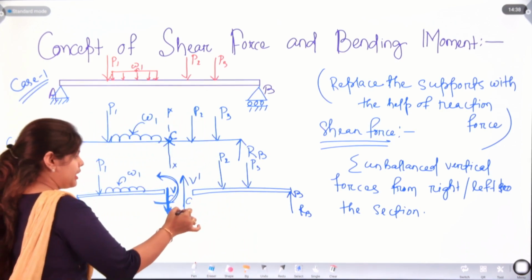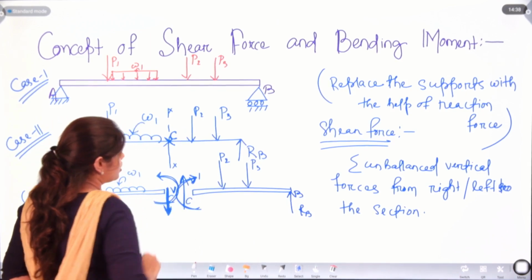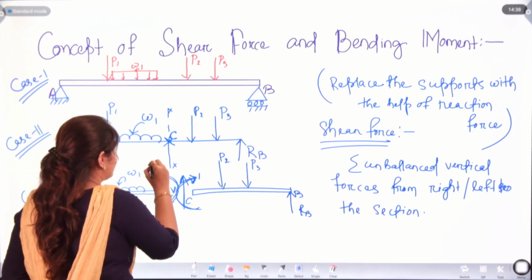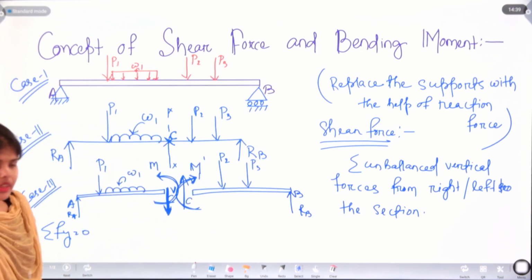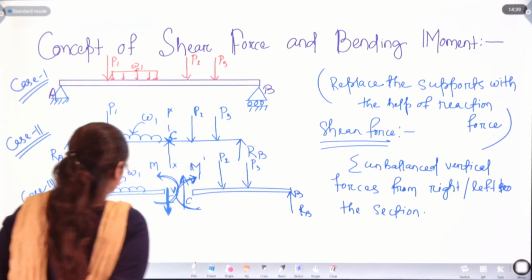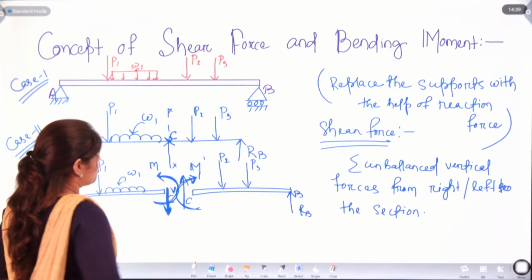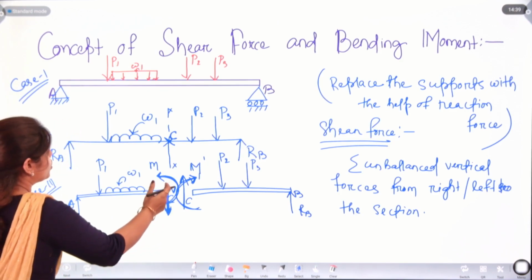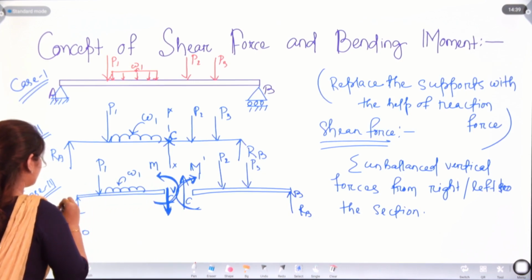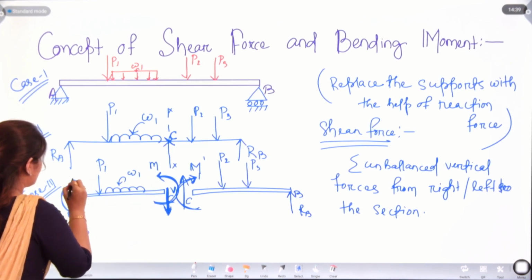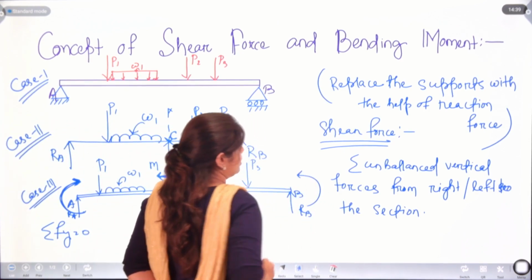In the BC section, it will be in the clockwise direction. Let's take it as M, and here it will be M dash. As we have an anti-clockwise moment, to balance it we will have another moment like this, and in this section like this.